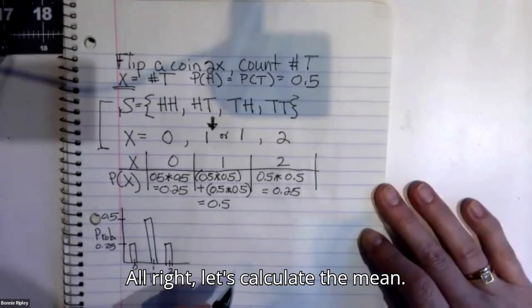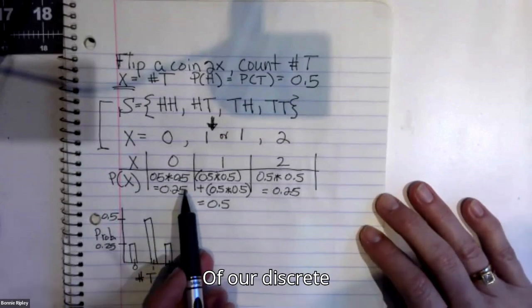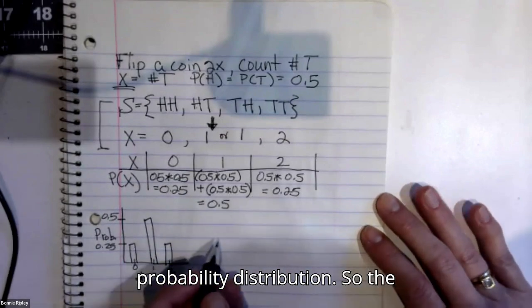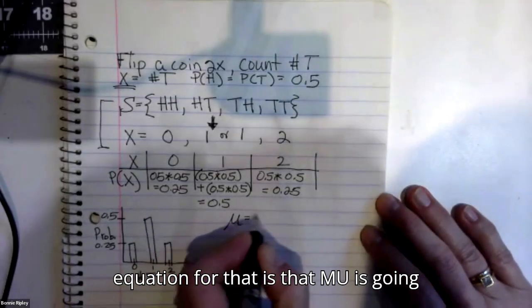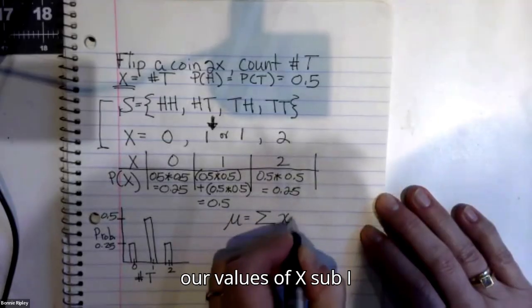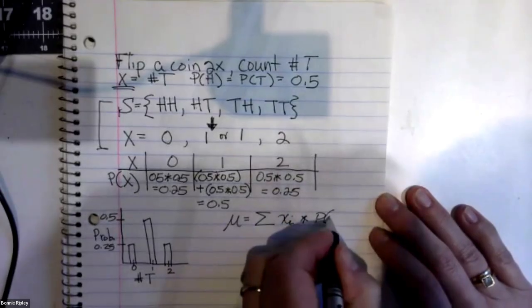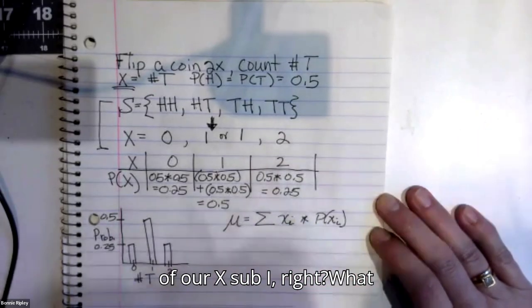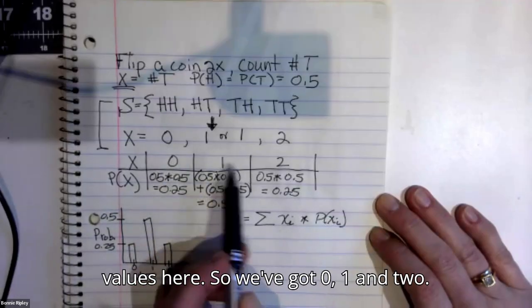All right, let's calculate the mean of our discrete probability distribution. So the equation for that is that mu is going to equal the sum of our values of x sub i times the probability of our x sub i. What are our x sub i's? Those are these values here.